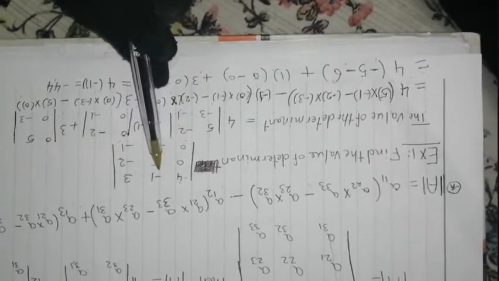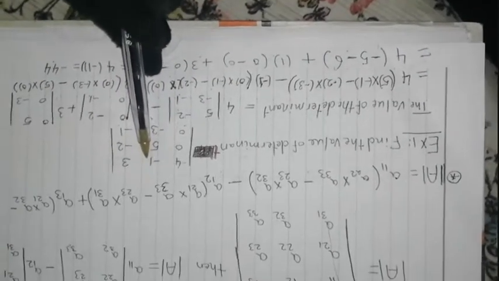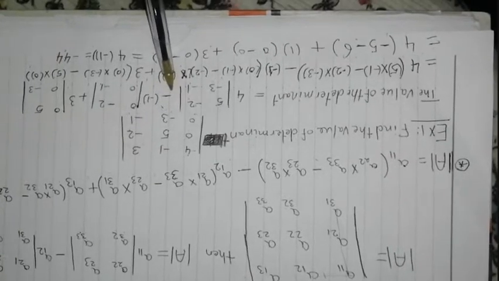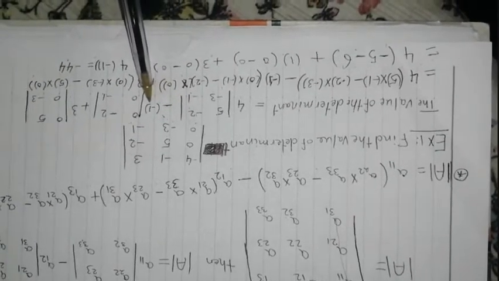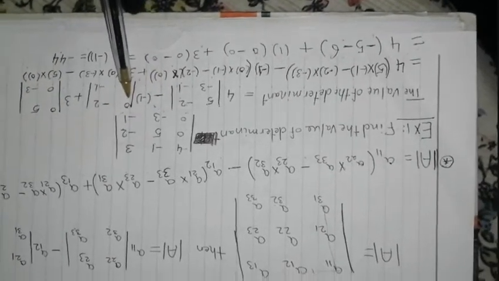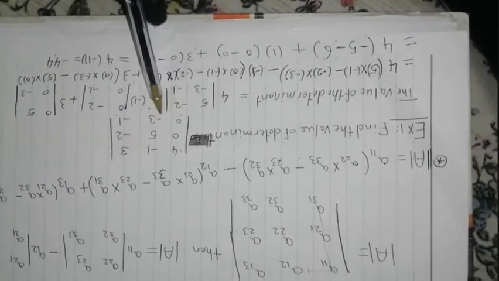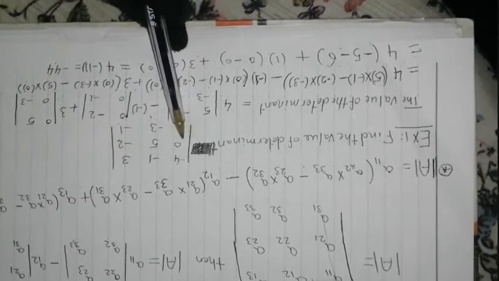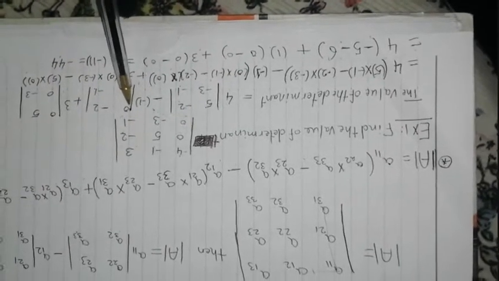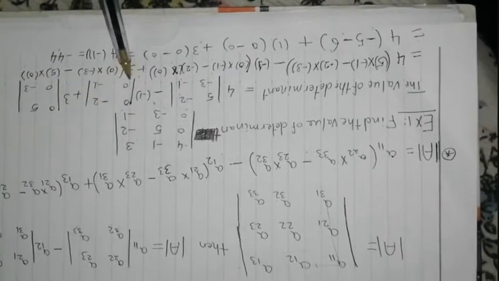What is the second element? -1. Negative times -1, minor determinant. We cancel the first row and the second column. What is the minor determinant? 0, -2, 0, -1.